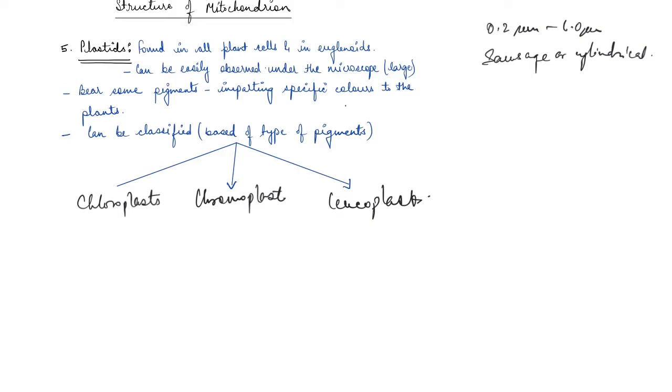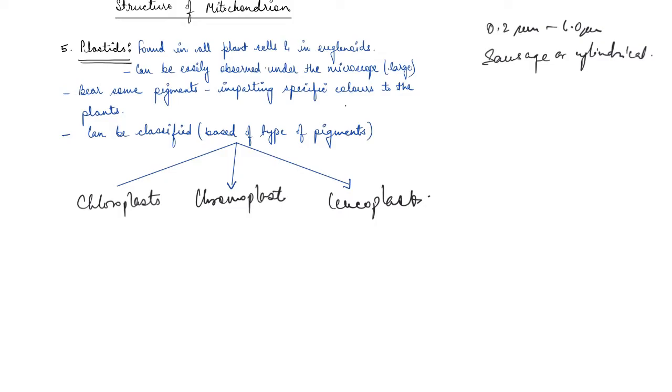Now the chloroplasts contain chlorophyll and carotenoid pigments, which are responsible for trapping light energy and are essential for photosynthesis. So chloroplasts play an important role in photosynthesis. In chromoplasts, fat-soluble carotenoid pigments like carotene and xanthophyll are present, and this gives parts of a plant a yellow, orange, or red color.